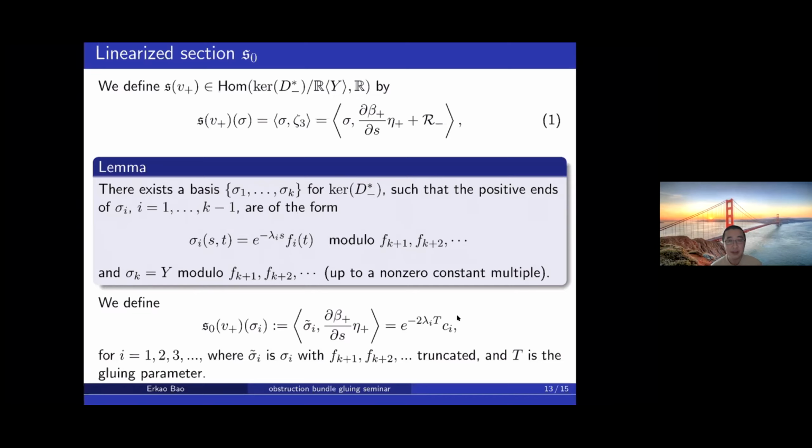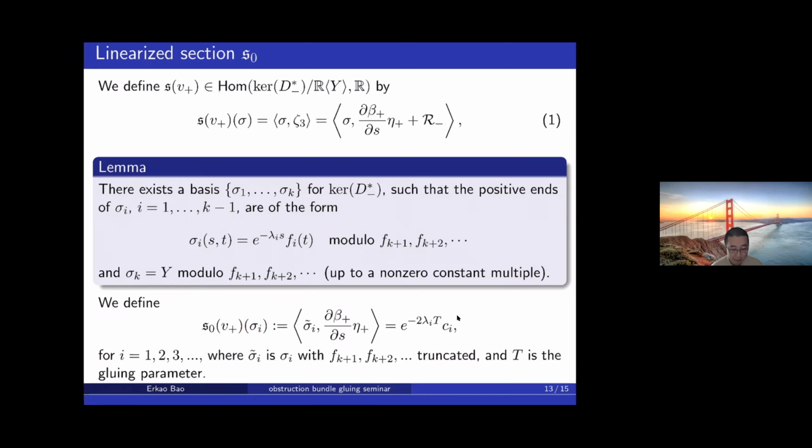The only reason the index decreases in this case would be that you are adding co-kernel elements. And because you change the weight, you know the co-kernel elements you are adding are exactly of this form. So that's the rough proof. And then we define the linearized section as 0 on the basis by this formula.